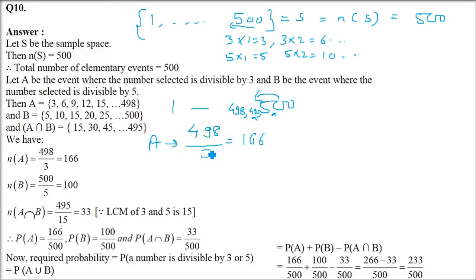So if A is the event of numbers divisible by 3 between 1 and 500, the number of elements in A will be 166.